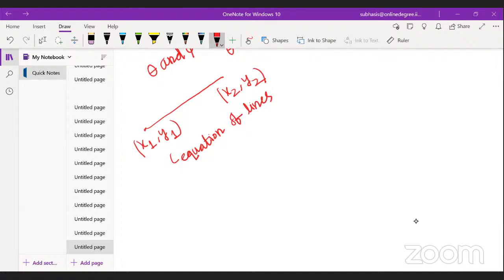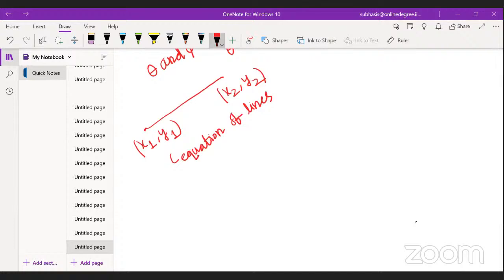Sir, it is y minus y1 upon x minus x1 is equal to m, and that is y2 minus y1 upon x2 minus x1. Yeah, so then your fourth option is correct, right? This is what sir did in his lecture, right?